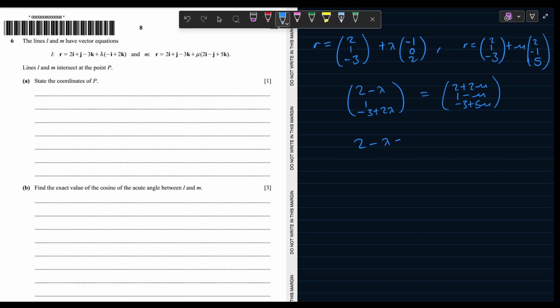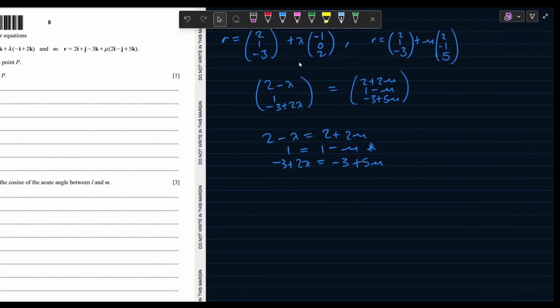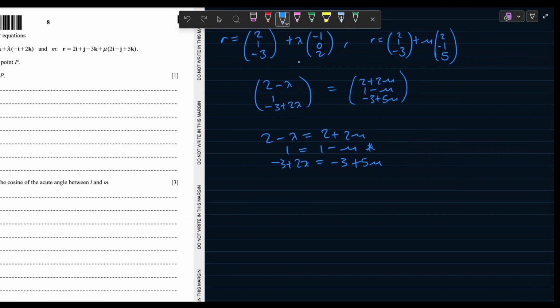So that's 2 minus lambda is equal to 2 plus 2 mu, 1 is equal to 1 minus mu, and negative 3 plus 2 lambda is equal to negative 3 plus 5 mu. Okay, notice how in the second equation we can easily tell what the value of mu would be.